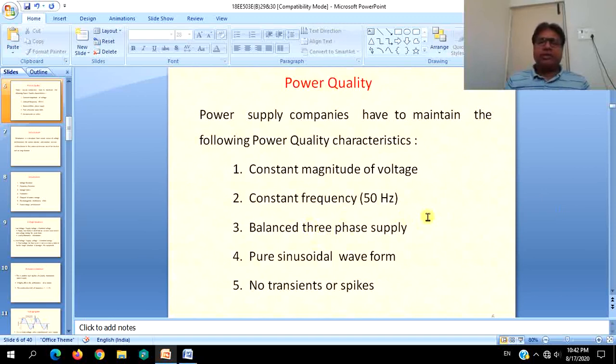So a balanced three phase supply should always be achieved. It cannot be 100%, but there should be some balance. There should not be very uneven distribution of currents.